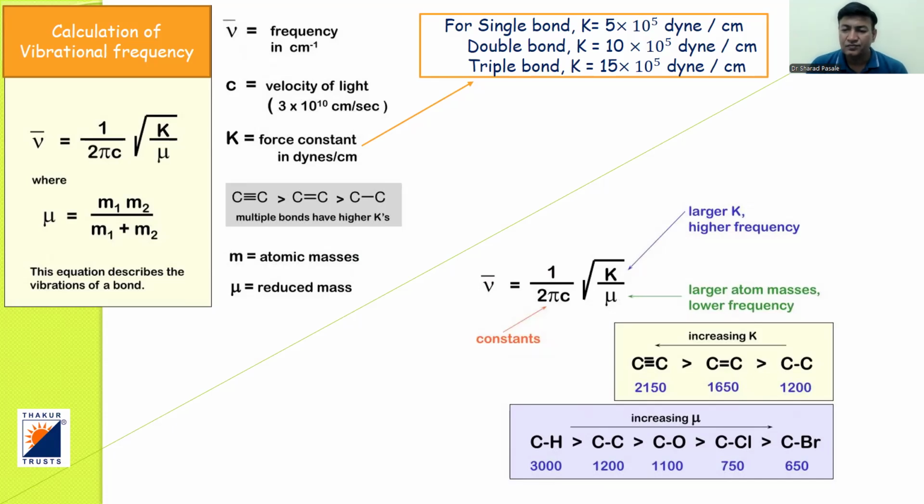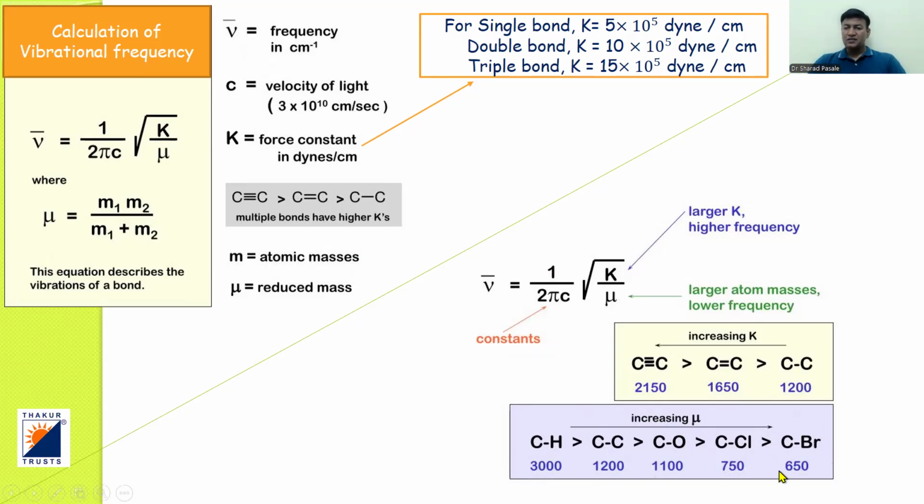It means that for single bond, the value is less than double bond, than triple bond, so it will increase. Again, depending on the reduced mass, the value changes. If there is a huge difference between two atoms, the reduced mass is high.